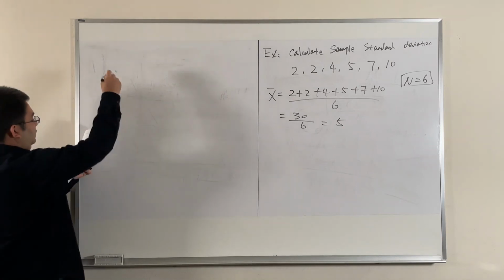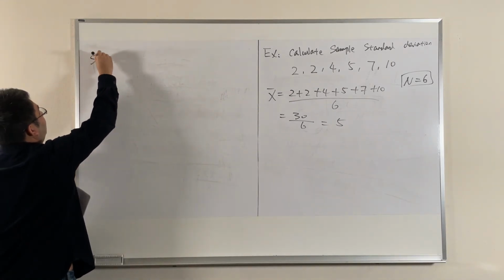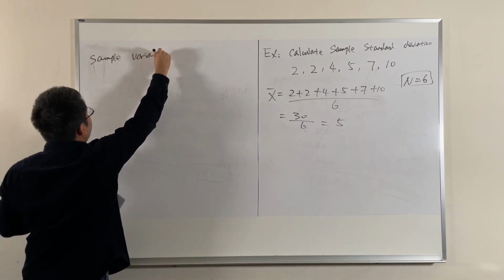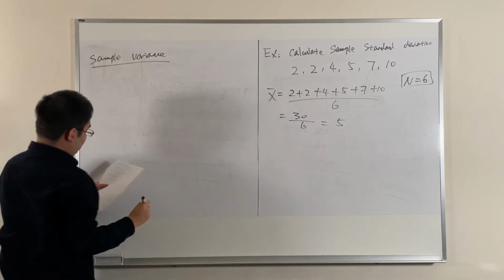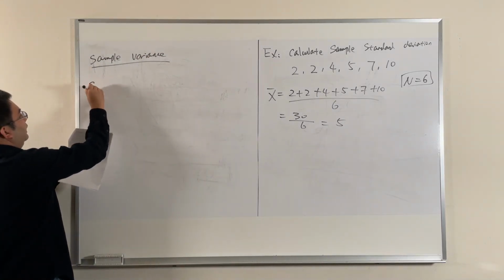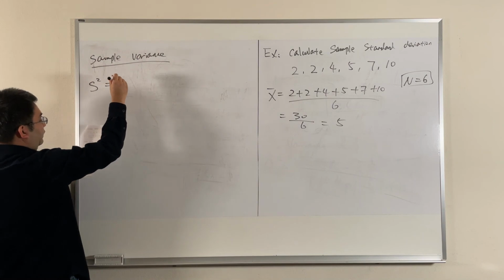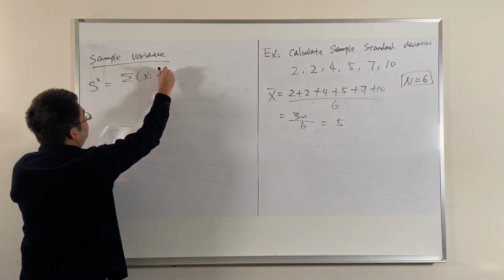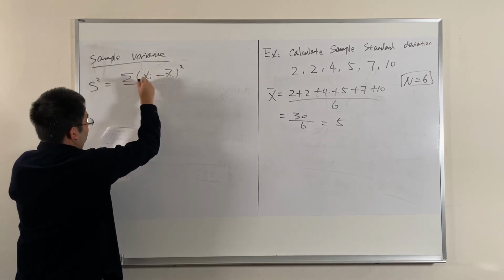Just plug in the formula. s squared denotes the sample variance: summation of xi minus x bar squared divided by n.